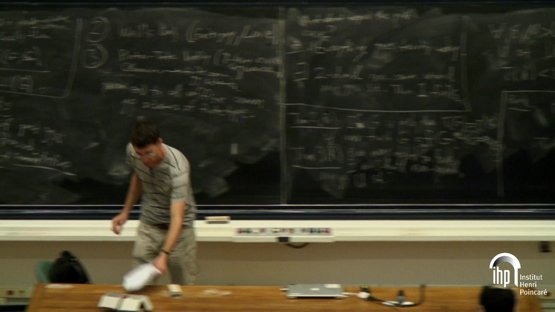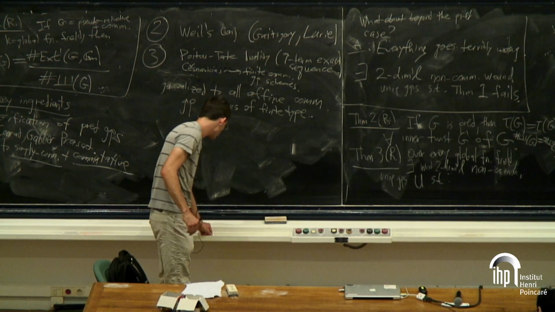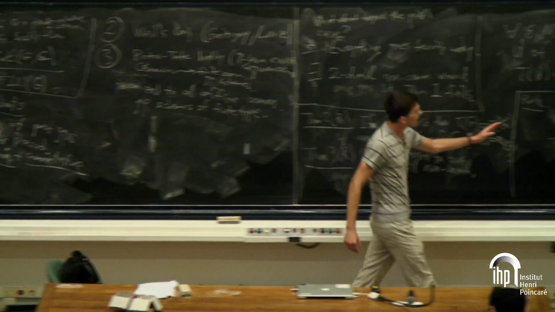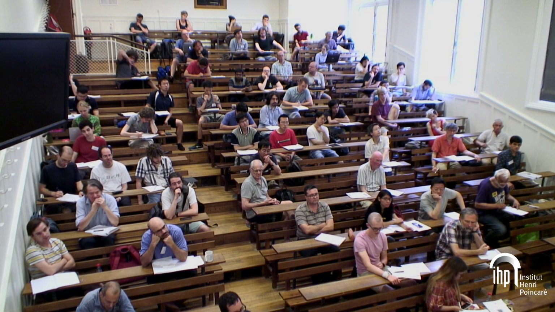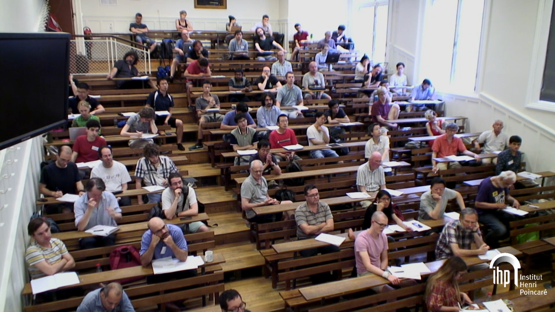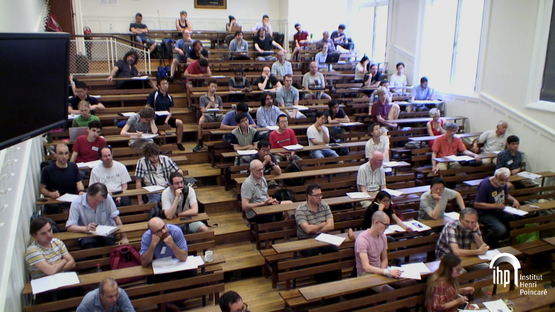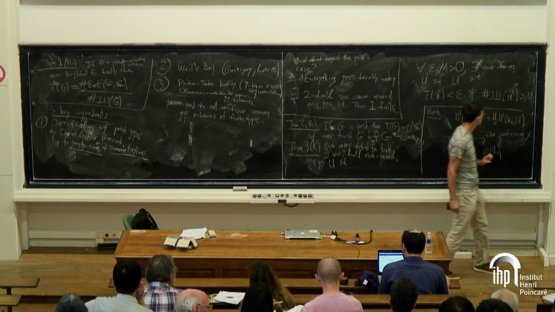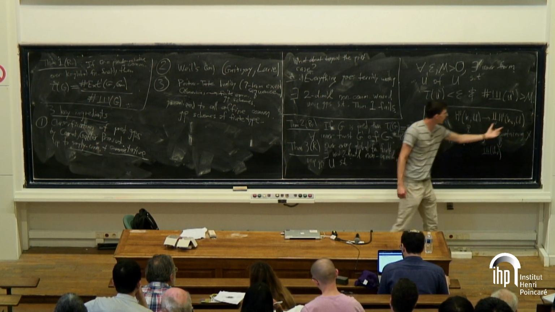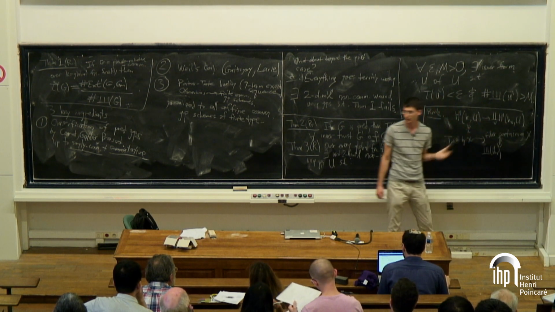So the last thing, which I probably don't have time to say because I'm out of time, is that in trying to understand this question beyond the pseudo-reductive case, you're naturally led to ask which fibers are non-empty. And there's a simple exact sequence: this goes to some finite group, which tells you exactly which elements here are hit by this.